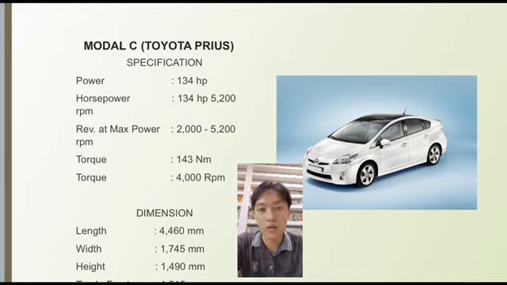I'll be talking about Model C, which is the Toyota Prius. So let's talk about specification. This car comes with 134 horsepower at 5200 RPM, and the max torque of 143 Newton meter at 4000 RPM.